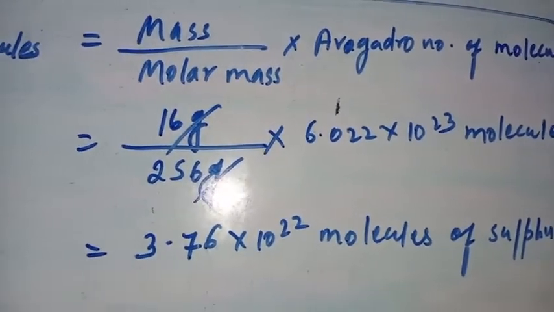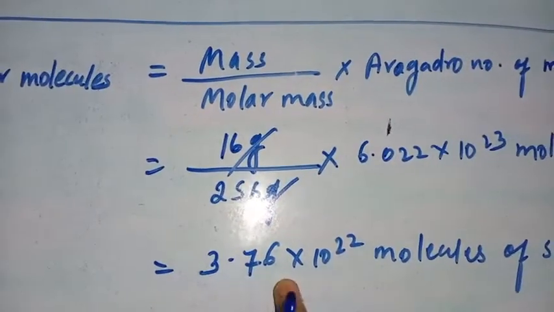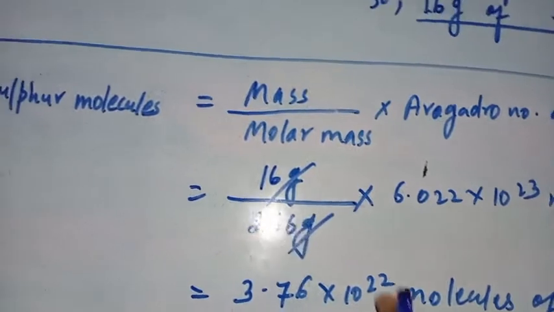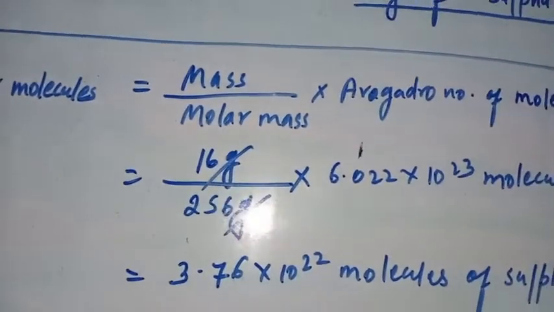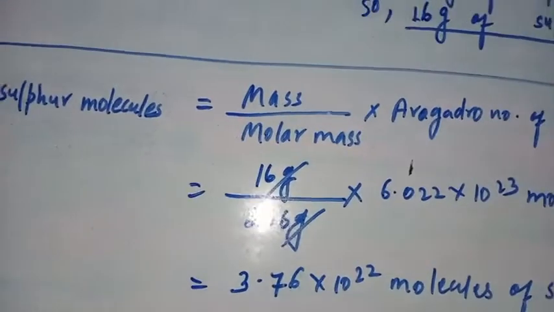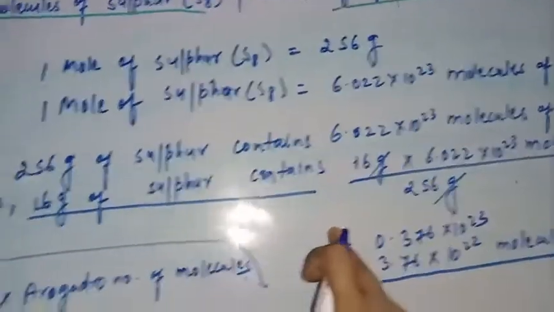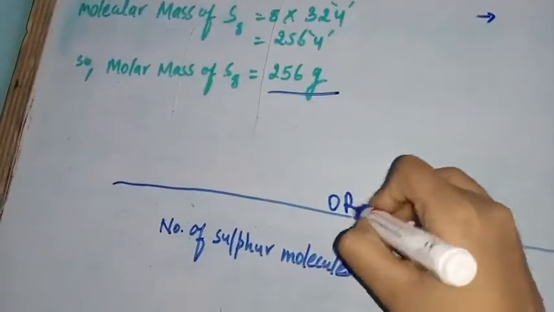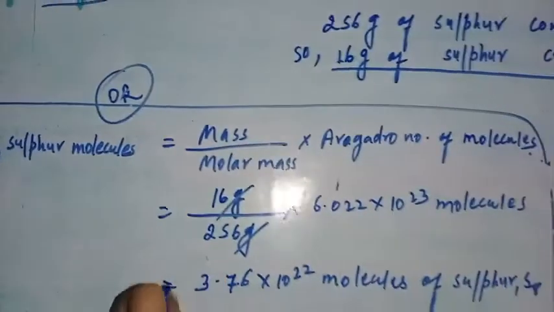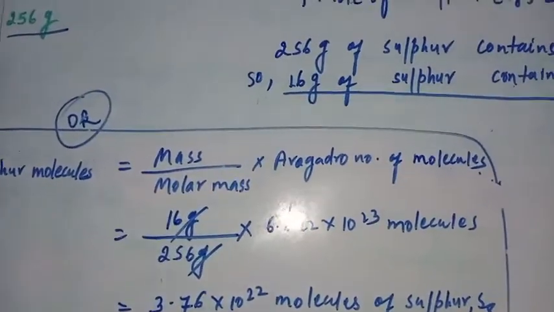It is S8. So the number of sulfur molecules we have got is 3.76 into 10 to the power 22 in 16 gram of solid sulfur. So you can apply either of the methods, whichever you feel is easy for you to calculate. Using the direct equation, you can solve this.